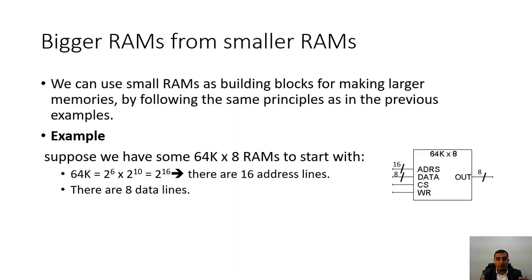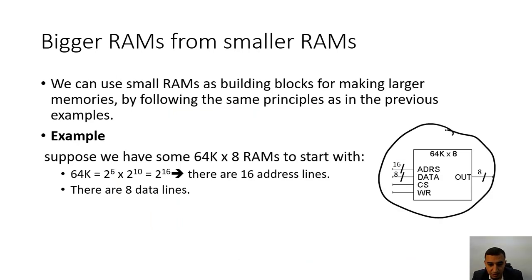Now let's say we want to create a bigger RAM. I want to create a 64K by 8 RAM. If I want to create a 64K by 8 RAM, you have a few things to do first. First, what is the size of the address bus? 2 to the power what will give me 64K?